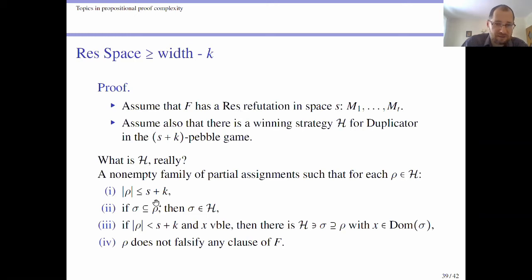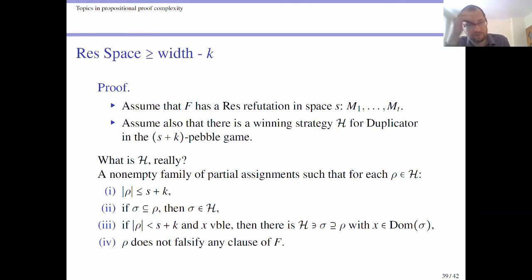Secondly, this set of potentially winning positions for the duplicator is closed downwards, so if something is in this family, then anything smaller is also in this strategy. Then, given a position in which duplicator is safe, if it doesn't have the maximal amount of pebbles in it, so if you have an assignment in this family where there are fewer than S plus K variables in the domain, then prover can ask about any variable that's not in the domain.